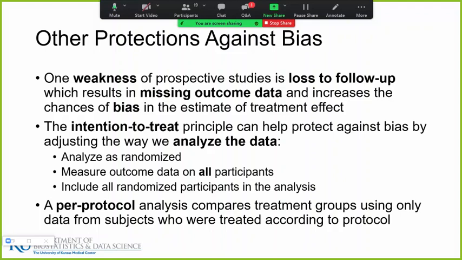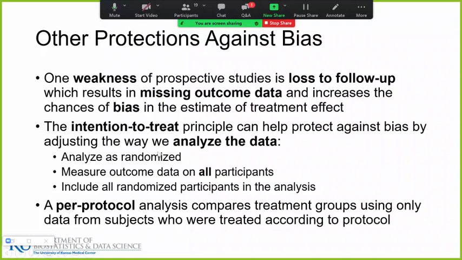It basically gives us a conservative assessment of the effect of treatment. So what we do is we analyze the individuals as they were randomized, regardless of which treatment they actually received. We measure the outcome data on all the participants, and we make some assumptions in the process, and then we include all randomized participants in the analysis, regardless of whether or not they ended up getting treatment.